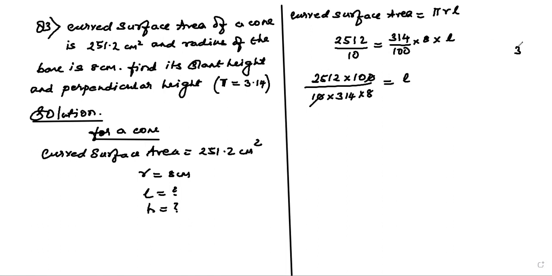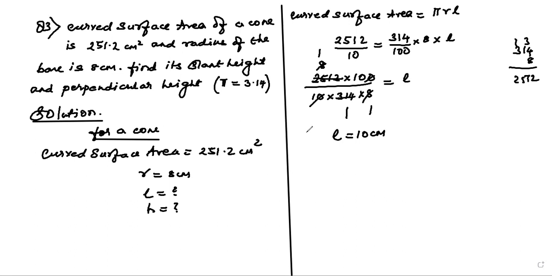So 314 multiplied 8 times will give 2512. 8 fours are 32, 8 ones are 8 plus 3 is 11, 8 threes are 24, 2512. So you can see 314 one time, 314 eight times, 8 one time, 8 one time. So what is remaining? l equals 10. So one answer we got, l equals 10.